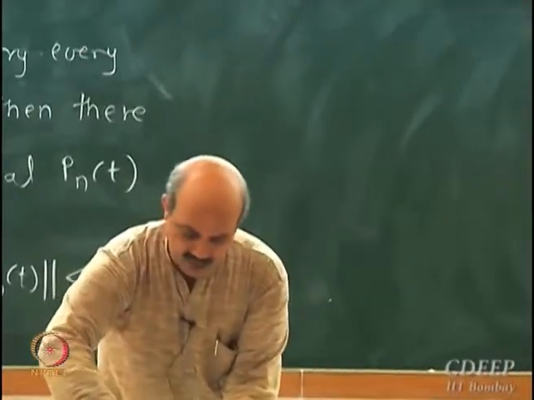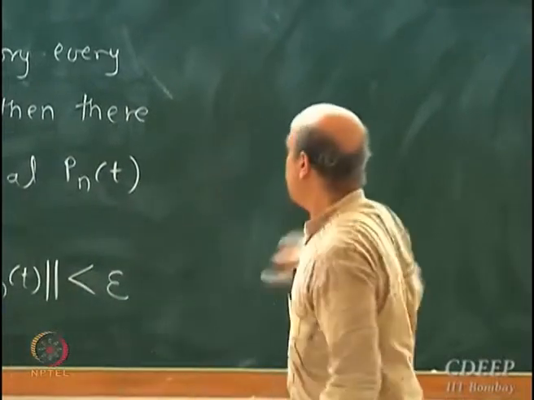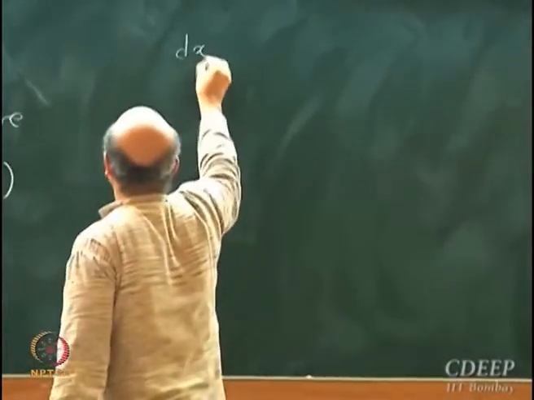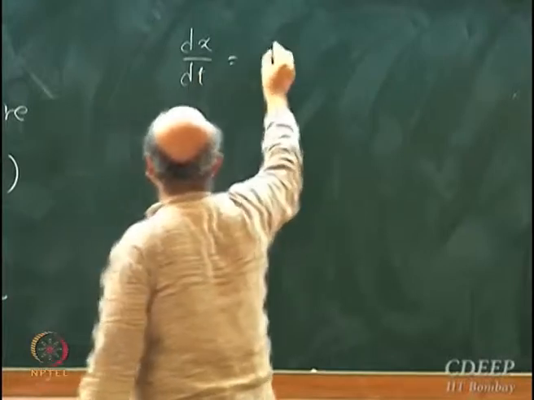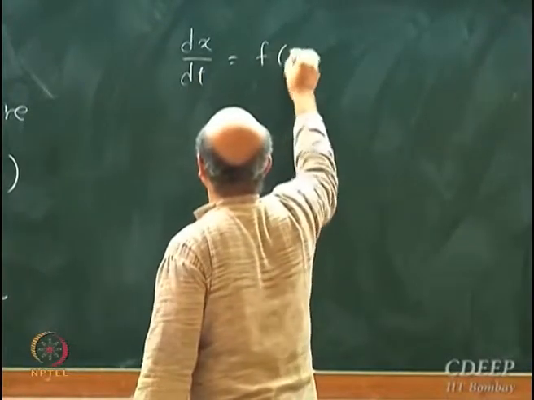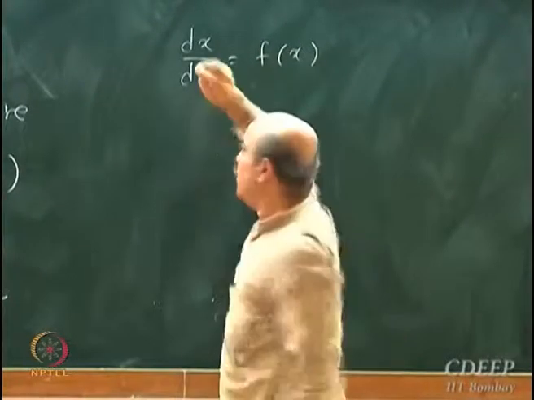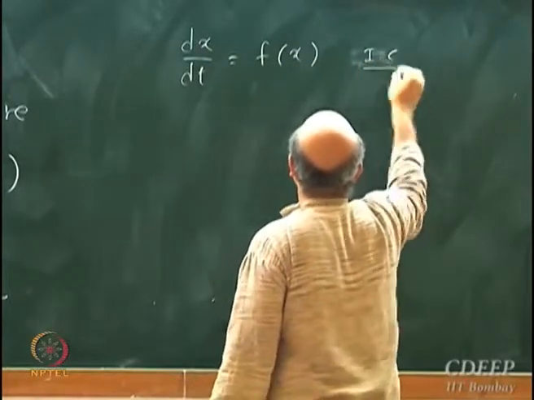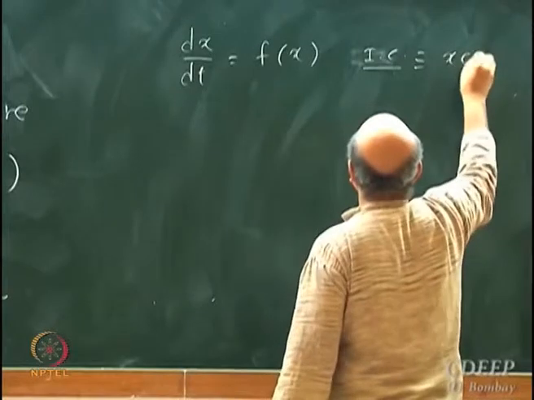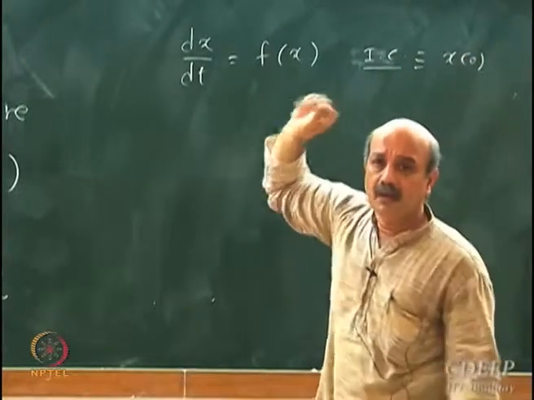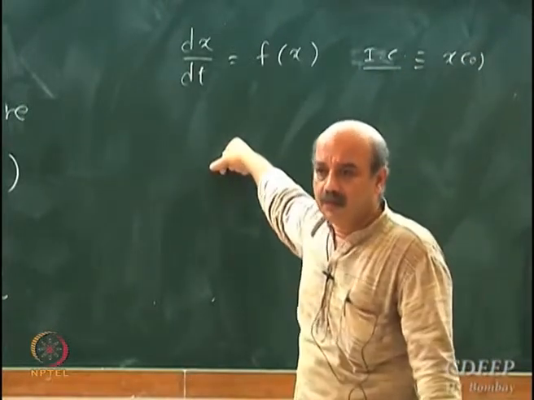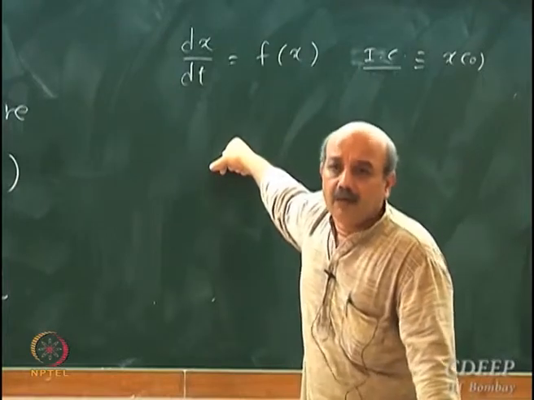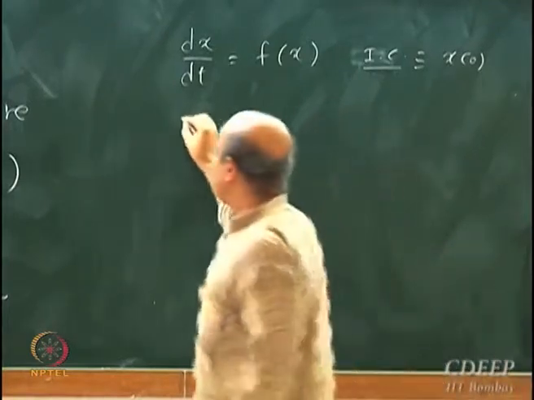See, if I have dx/dt equal to some f(x), and I have given you an initial condition corresponding to, say, x naught. Now, what is x(t)?